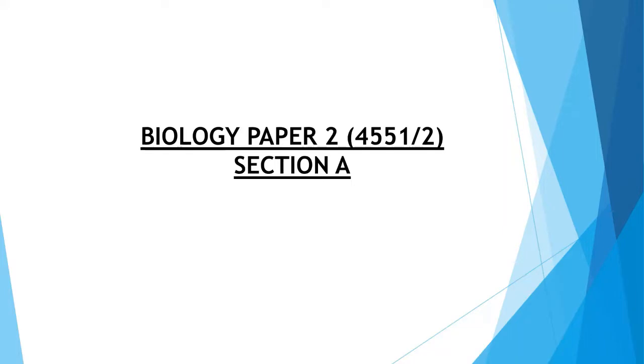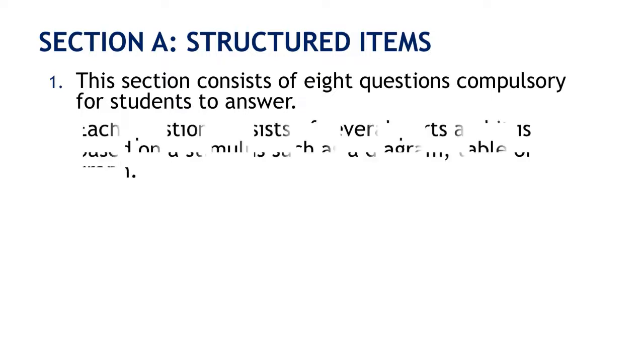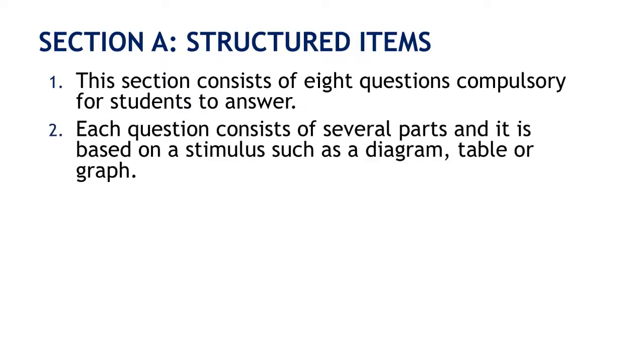Information for students in Biology Paper 2, Section A. Section A consists of 8 questions compulsory for students to answer. Each question consists of several parts, and it is based on a stimulus such as a diagram, table, or graph.